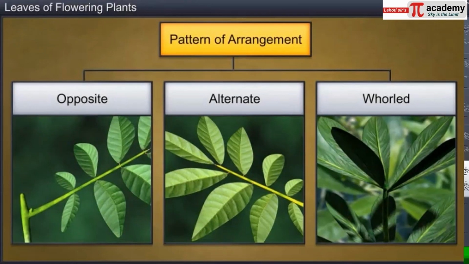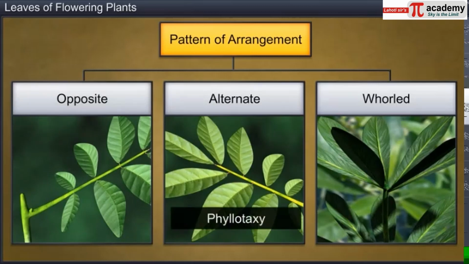Apart from classifying leaves as simple and compound, they are also identified as opposite, alternate, or whorled on the basis of their pattern of arrangement on a stem or a branch. This is termed as phyllotaxy.